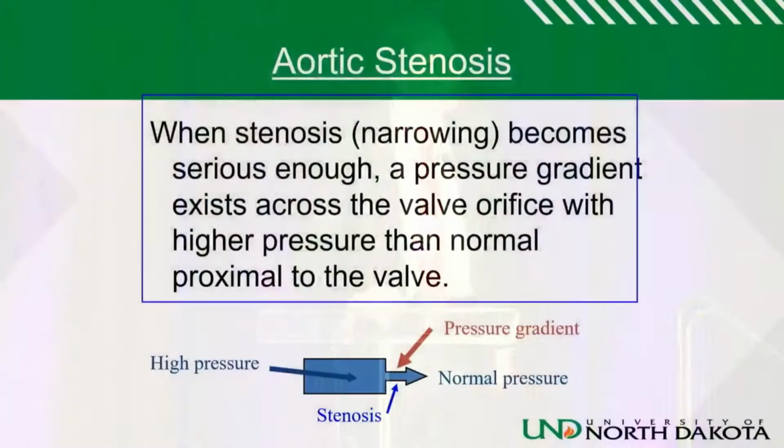So this is the diagram of it. It's when you're watering the garden and you have a hose and you put your thumb over the end of the hose, that's aortic stenosis. So what happens when you put your thumb over the end? The jet goes faster, right? So what we have here is high pressure, the narrowing of the valve, and then normal pressure in the aorta.